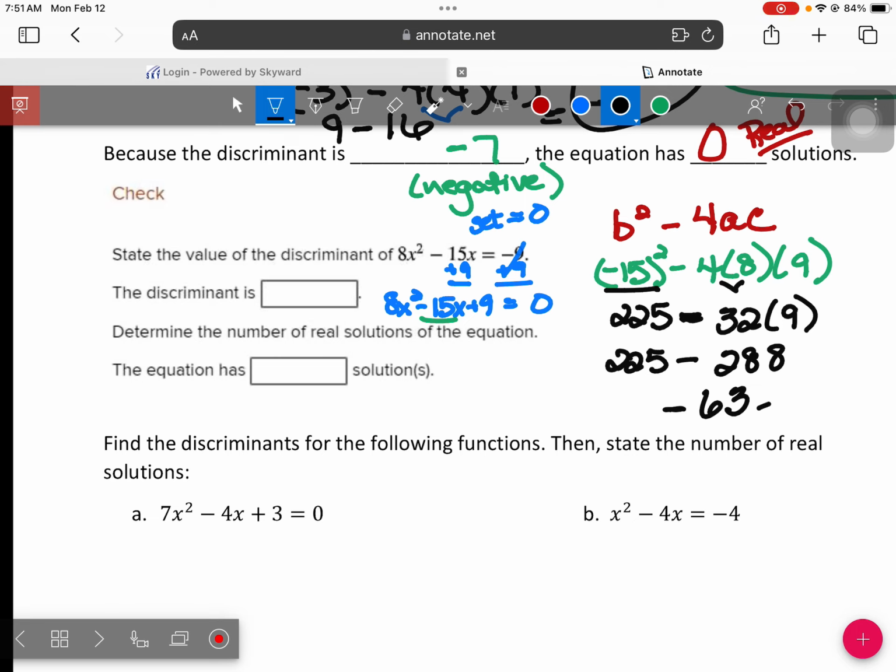So this is my discriminant. The discriminant is negative 63. Determine the number of real solutions to the equation. The equation has how many real solutions? 0 real solutions. I was like, well, why didn't they change it up? We already had one that was 0 real solutions.